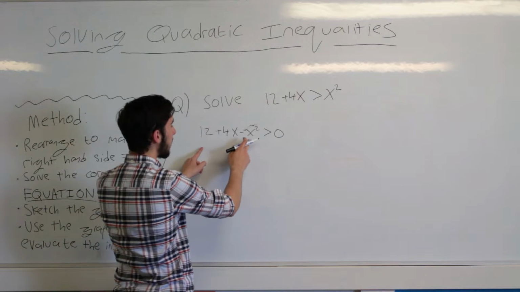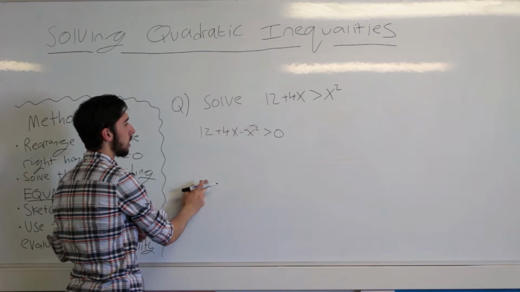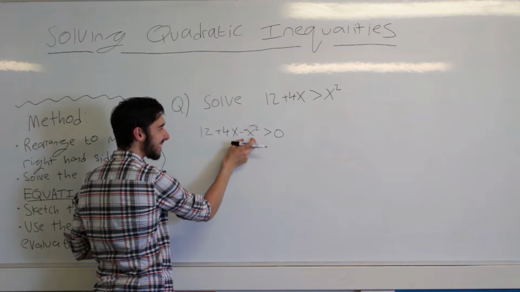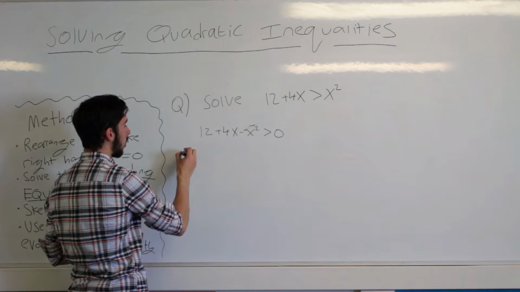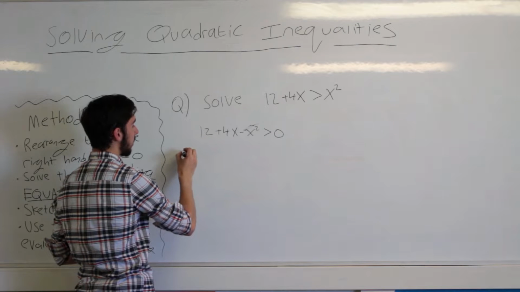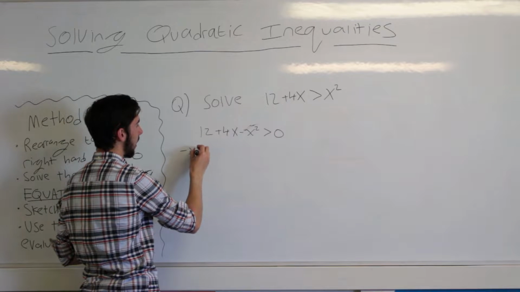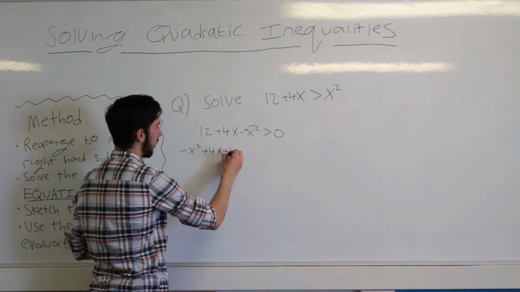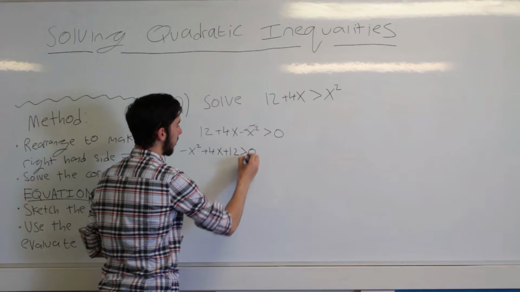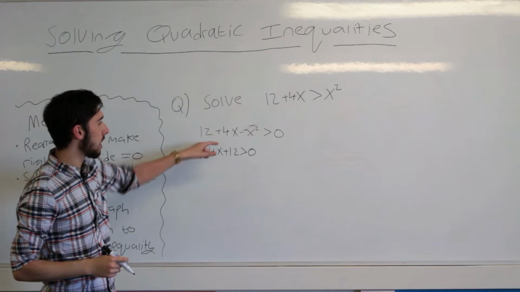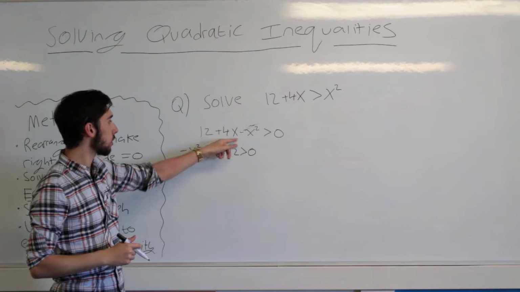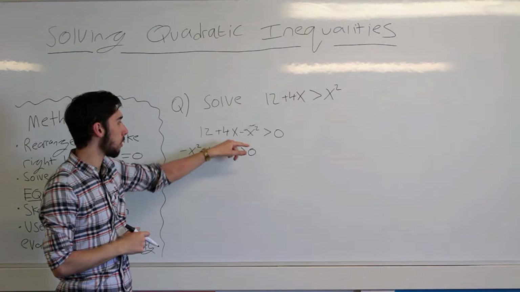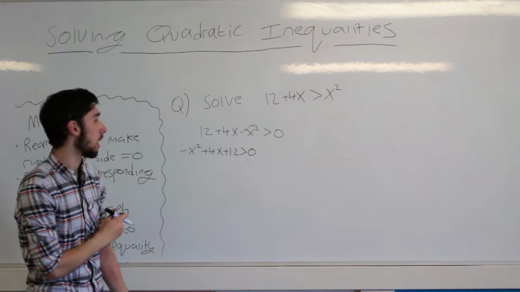So I'm going to simply move some things around. This is a negative x squared, remember. So I'm going to rewrite this and say that negative x squared plus 4x plus 12 is greater than 0, okay? This and this are the same. I've just reordered the terms. There's 3 terms here, 1, 2, 3. I've reordered them. That's all I've done.